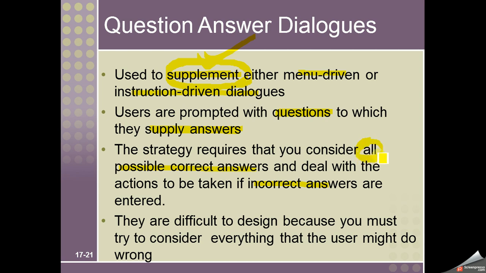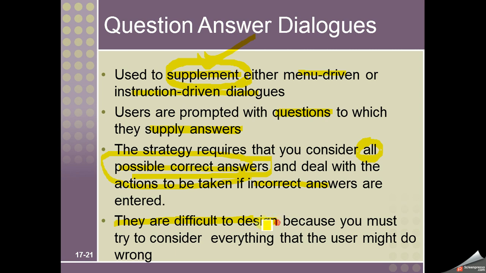We need to consider all possible correct answers, and we should know what can go wrong. We should have a way of dealing with all incorrect answers as well. So that is why they are very difficult. They are not easy to design, because you have to consider everything that can go wrong, everything that the user can do wrong in the system.